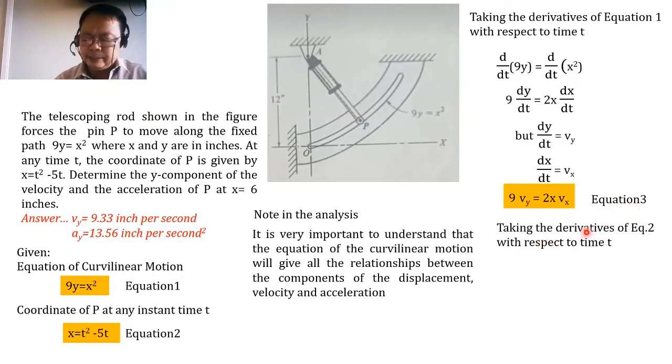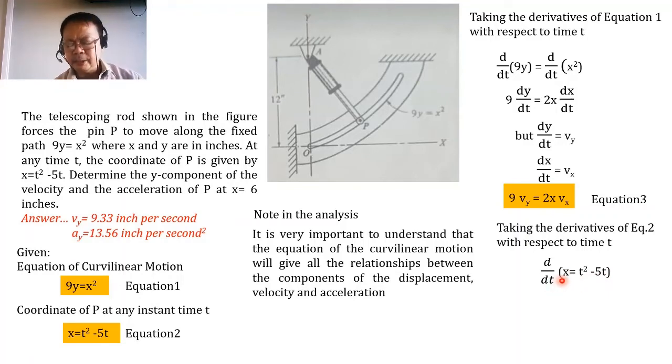Now, taking the derivative of equation 2, the equation of the coordinate of p expressed in terms of x, with respect to time t, therefore we will have here the derivative with respect to time t of x equal to t squared minus 5t. And so from here, we will be taking the derivative.